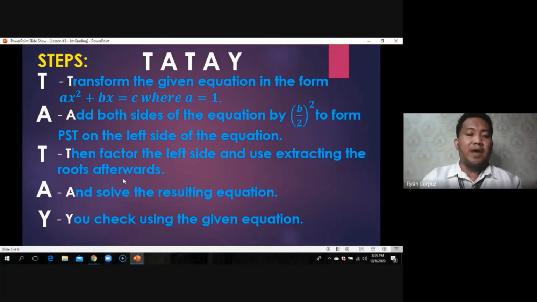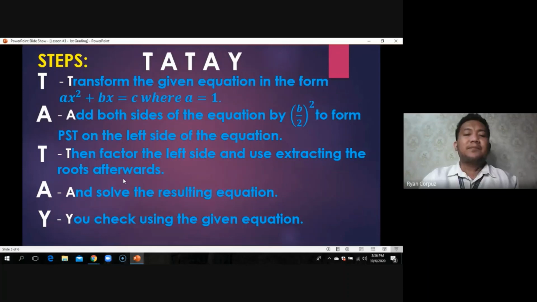So if it satisfies the equation, then ibig sabihin your answer is correct. So you are doing right in solving a quadratic equation by completing the square.